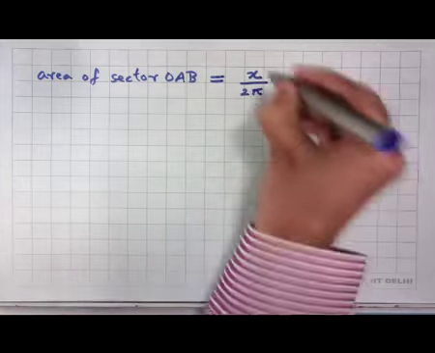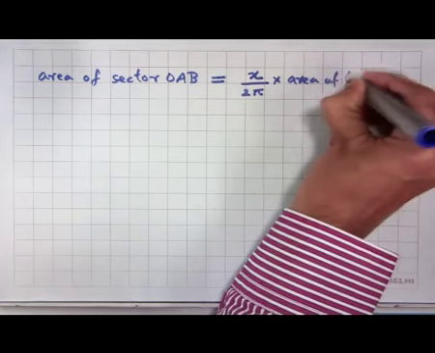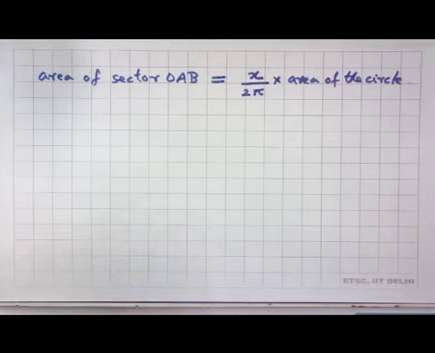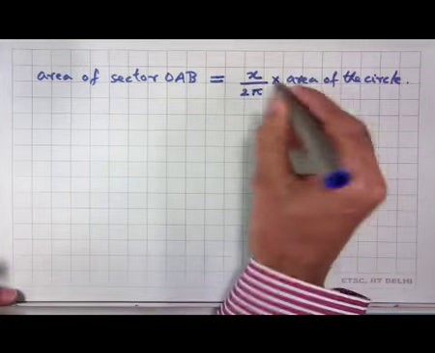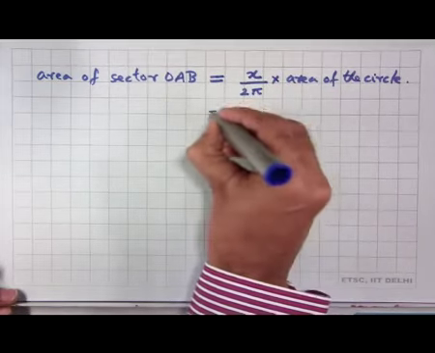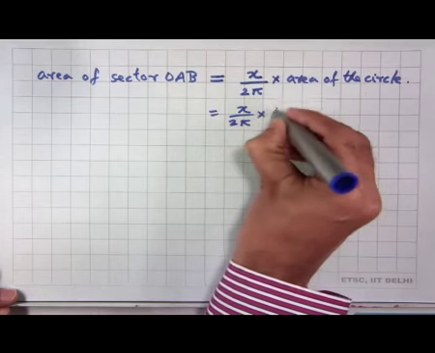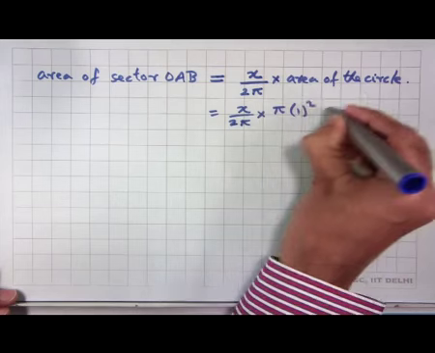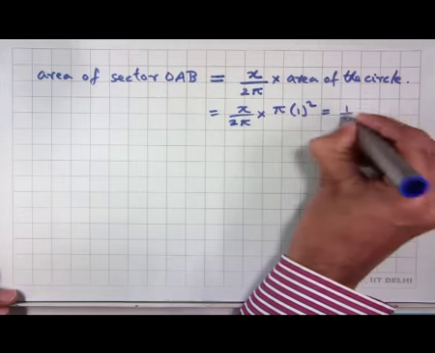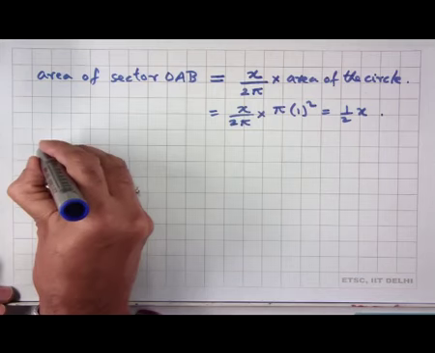So, x divided by 2 pi into the area of the circle. Right. For 2 pi angle we get the whole area of the circle. So, for x angle we get x divided by 2 pi into the area of the circle. The area of the circle is nothing but pi times the radius 1 squared. So, this gives me just half x. So, the area of the sector is half x.